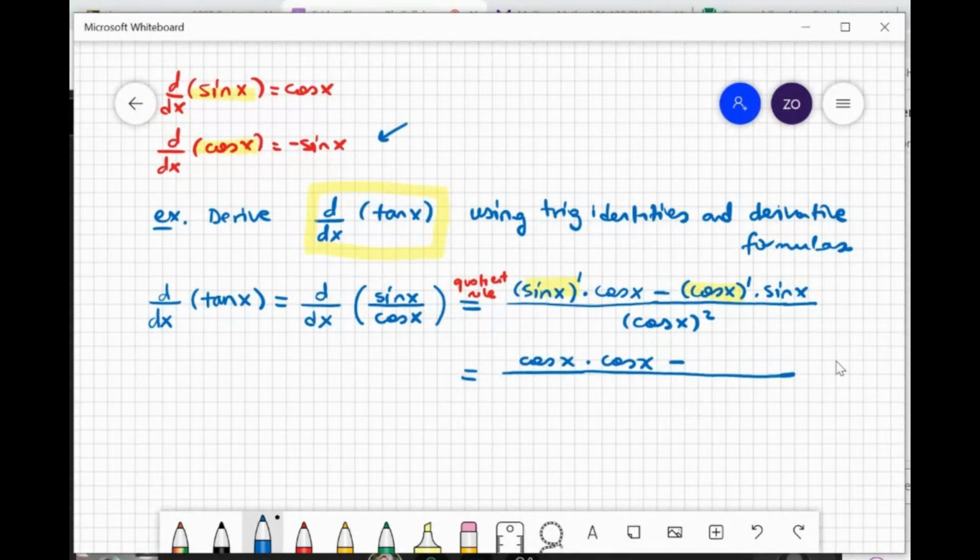Derivative of cosine, that's right, negative sine, times sine of x, right? So this is just in the formula, divided by cosine x squared, which could also be written as cosine squared of x. Now, we have cos times cos, which is cosine squared x, minus times minus will be plus, sine x times sine x will be sine squared of x.